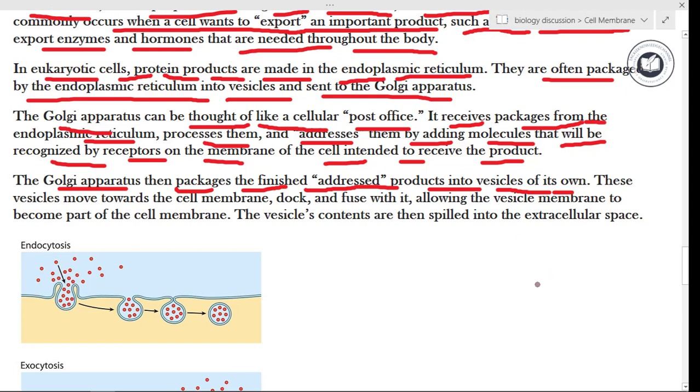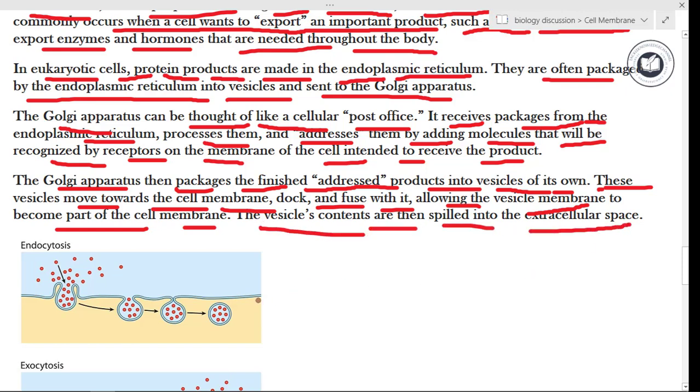These vesicles move out towards the cell membrane, dock and fuse with it, allowing the vesicle membrane to become part of the cell membrane. The vesicle contents are then spilled into the extracellular space.